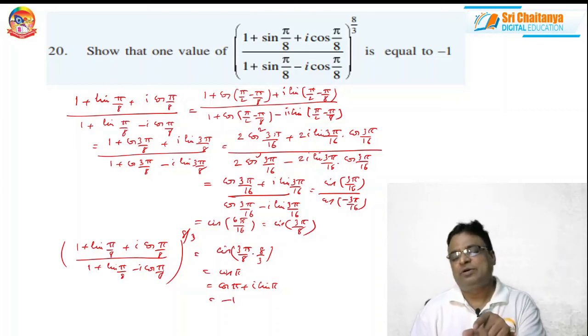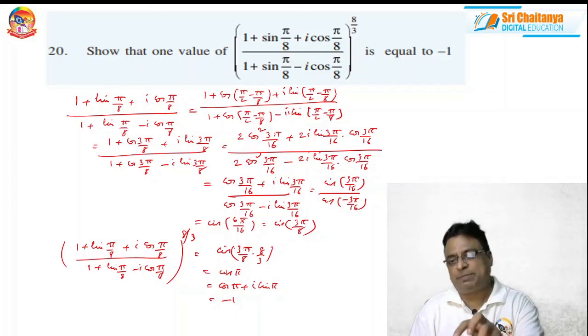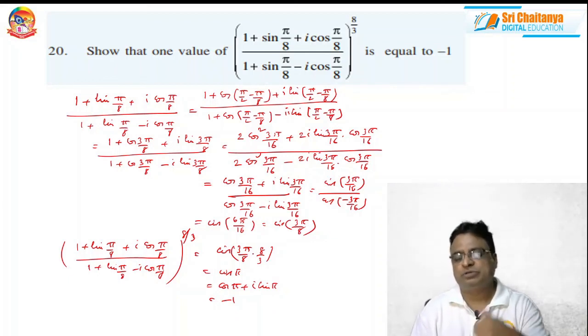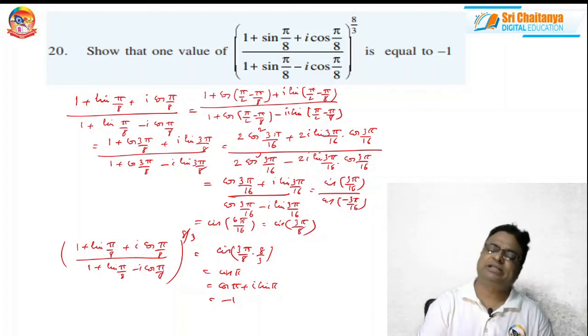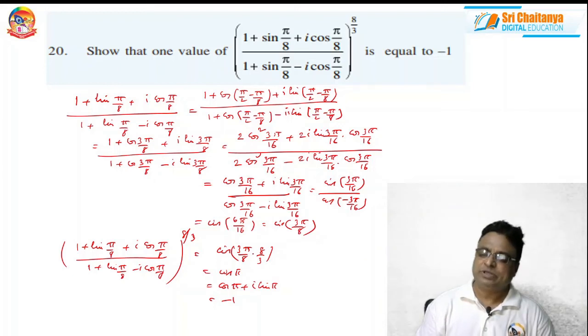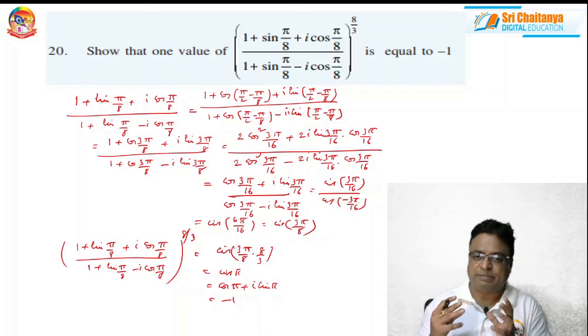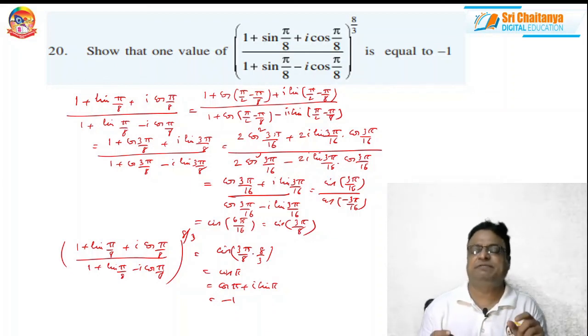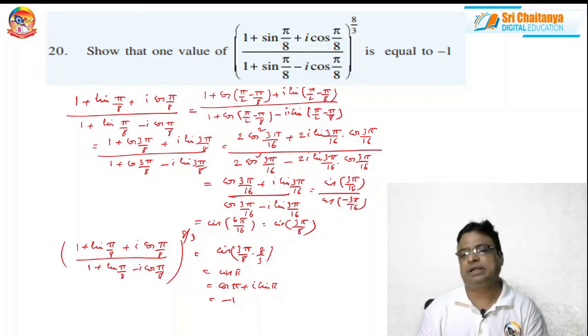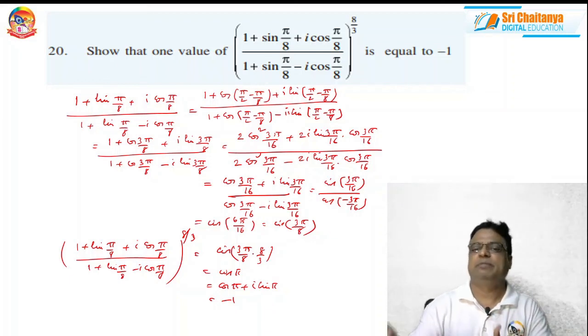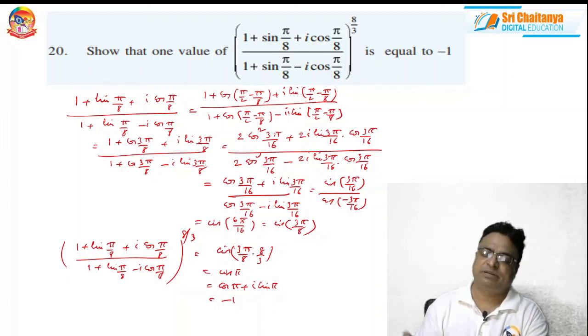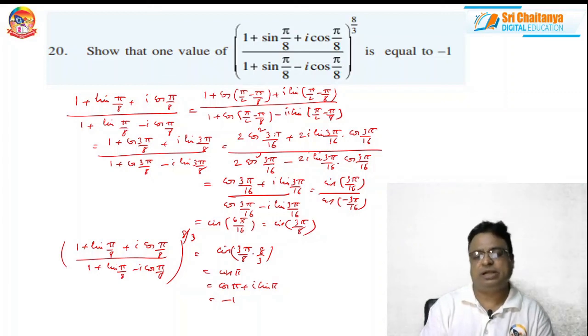Actually here we need to write the general value, and by writing 2k pi, then only for k equal to 0, 1, 2, you have to substitute k equal to 0, 1 and 2. After that one value you can get as 1, minus 1. But I have skipped all these steps because for minus 1 it is possible only if the form is cos pi plus i sin pi. Automatically that comes by multiplying the power of a rational number like this by applying de Moivre's theorem.